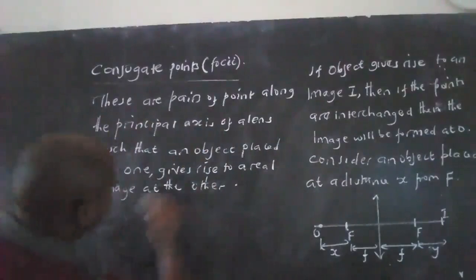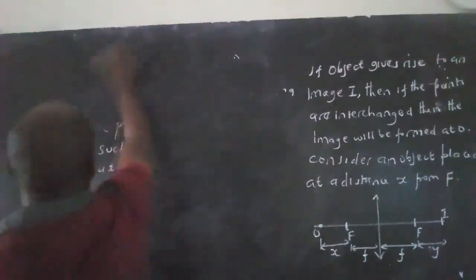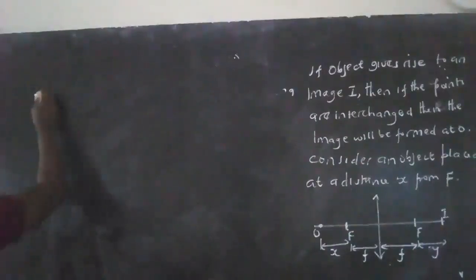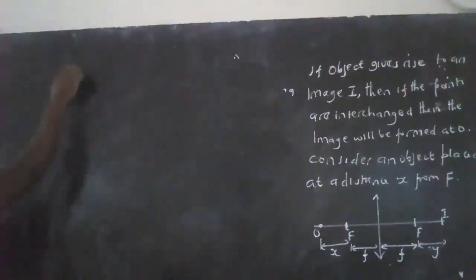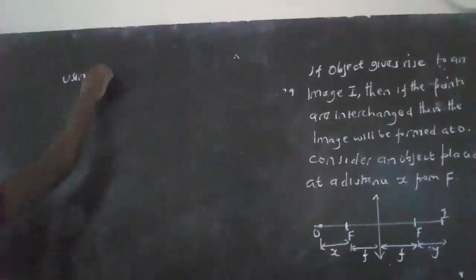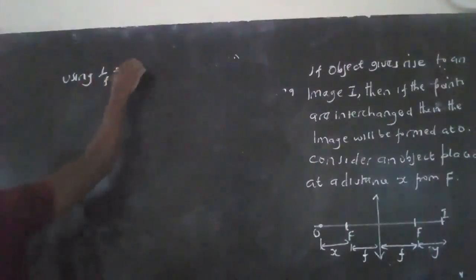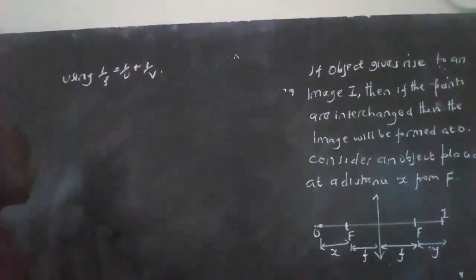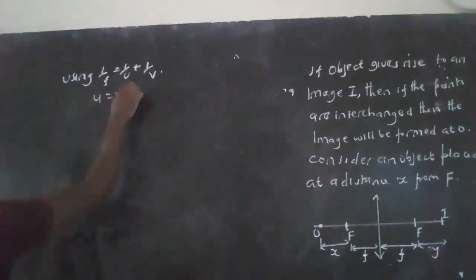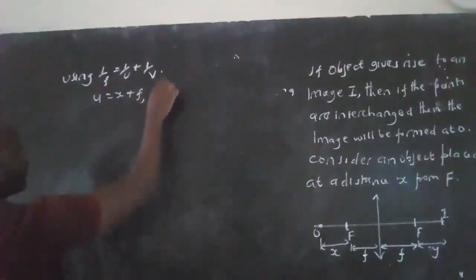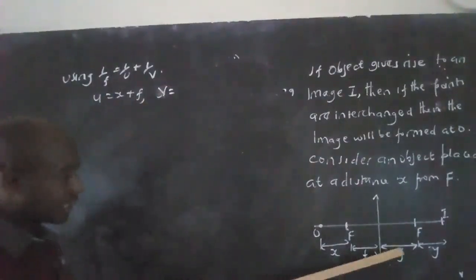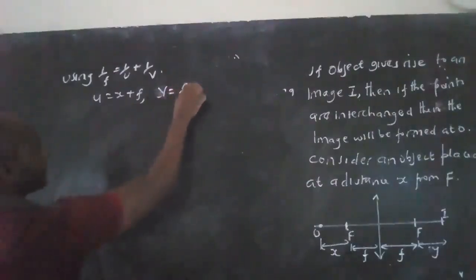Therefore, we use 1 over f equals 1 over u plus 1 over v. Our u is equal to x plus f, and our v, the image distance, is f plus y.